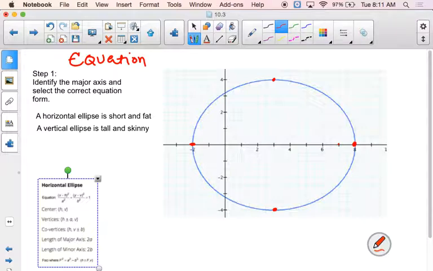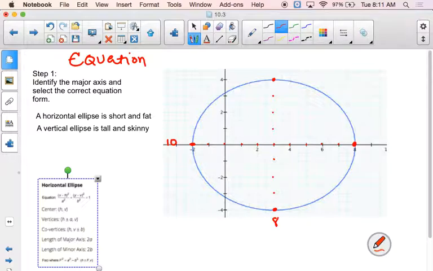So I got 1, 2, 3, 4, 5, 6, 7, 8, 9, 10. So I have a distance of 10 across on that one. And then on the other one, I got 1, 2, 3, 4, 5, 6, 7, 8, a distance of 8.